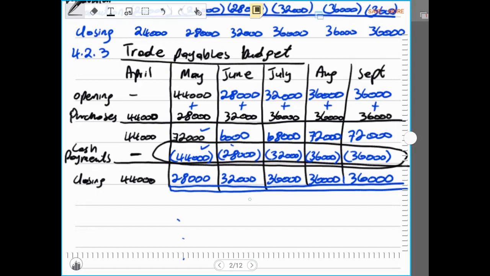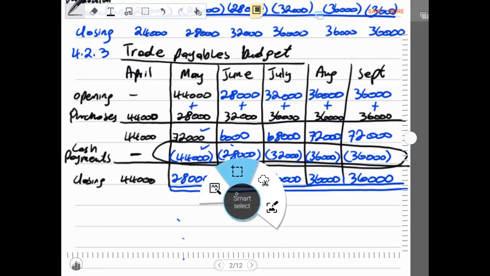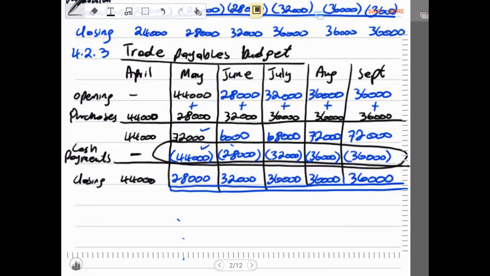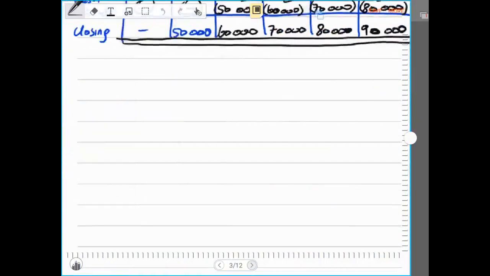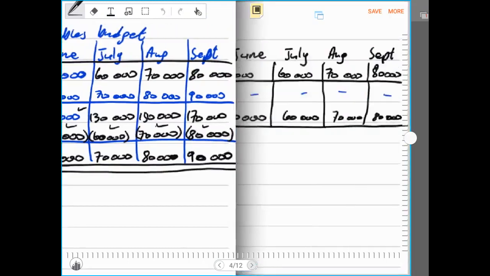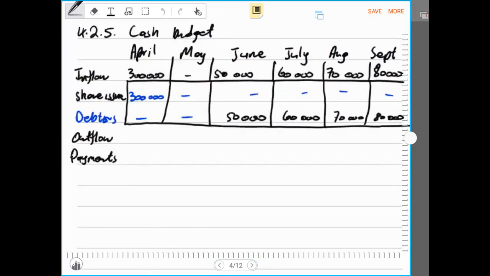So now this is what we will be recording in this part now. So now let me record that so that we see what is exactly happening. So now we go and we record the outflow of cash, starting with the payments to our suppliers.